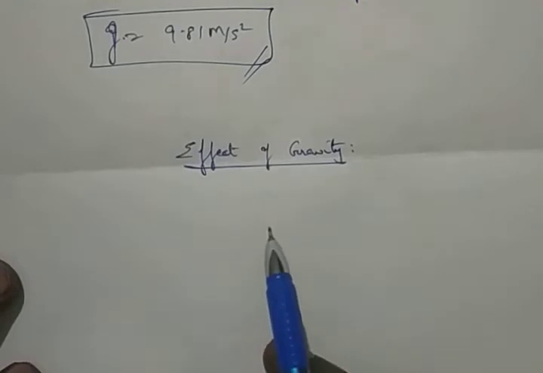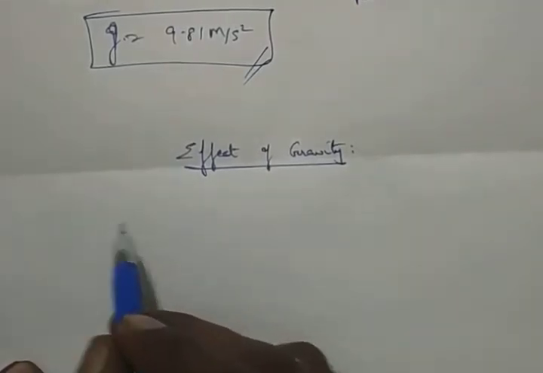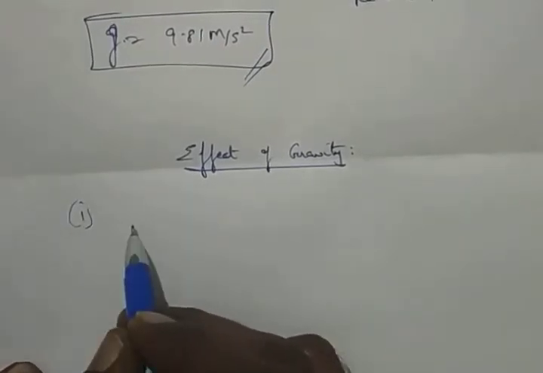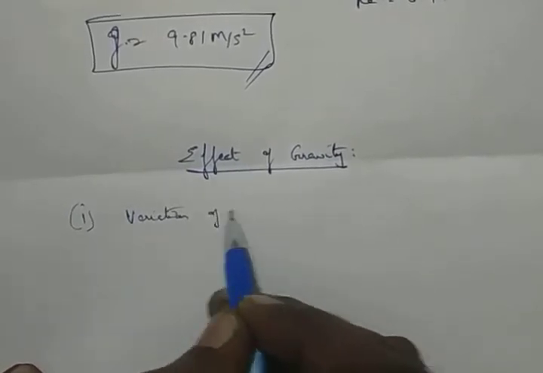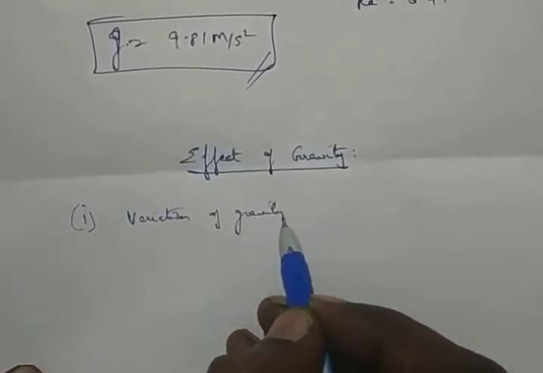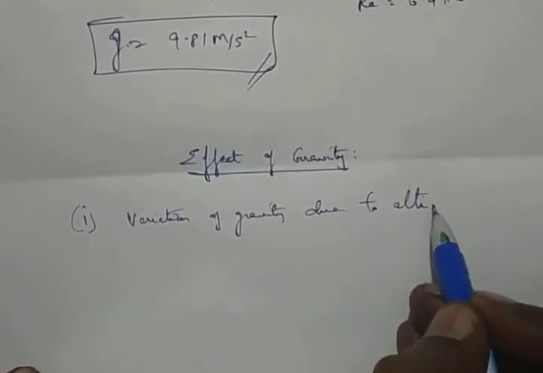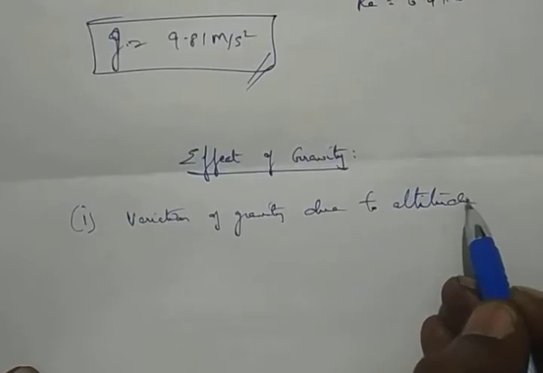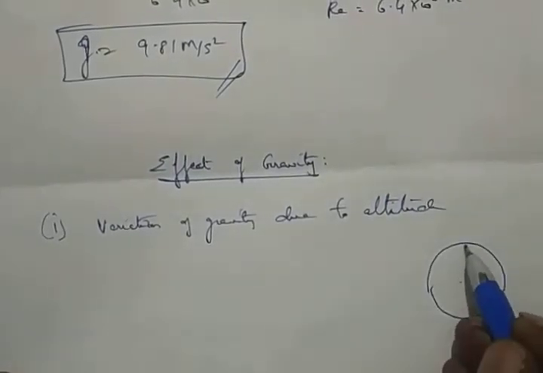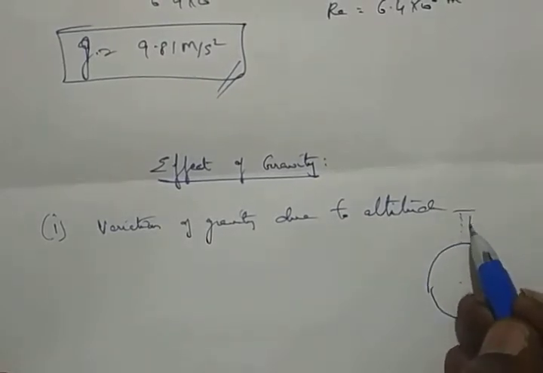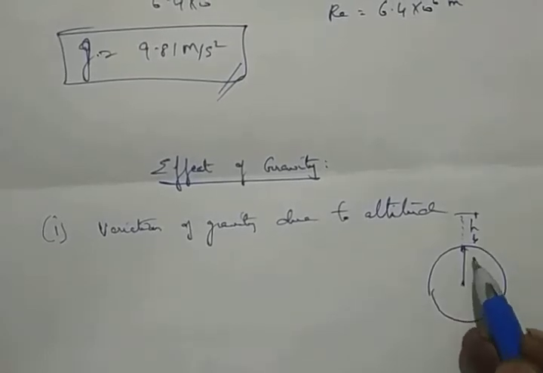Now the second thing is, how does gravity vary due to different parameters? Number one is variation of gravity due to altitude. What is altitude? This is the Earth, and you go above the Earth for a height h, and this is the radius already.